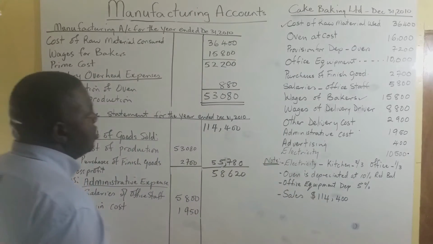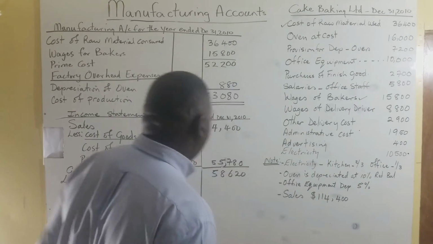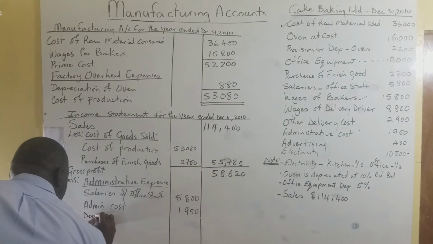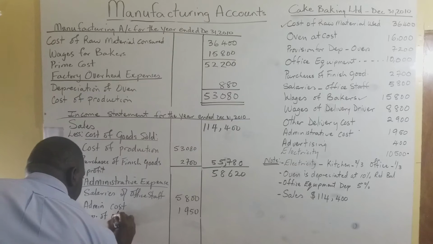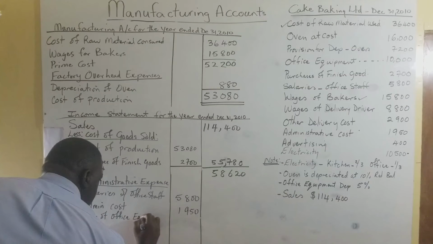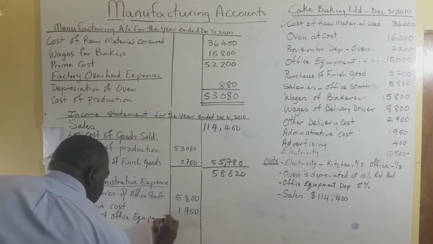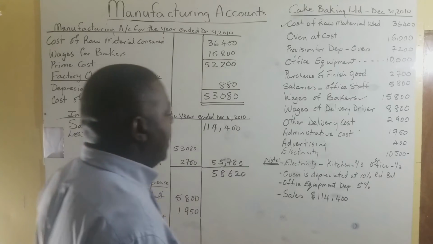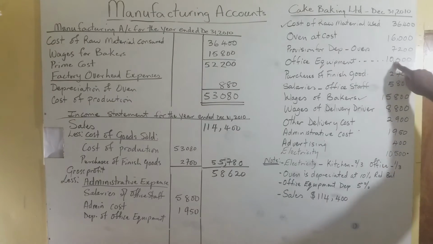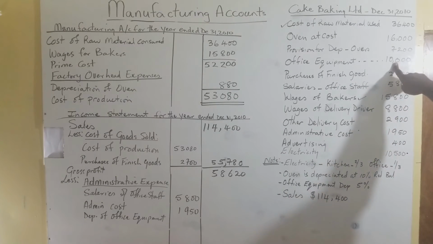One more, depreciation of office equipment. And they told us that it is 5%. So we find 5% of the $10,000, and 5% of $10,000 would be $500.